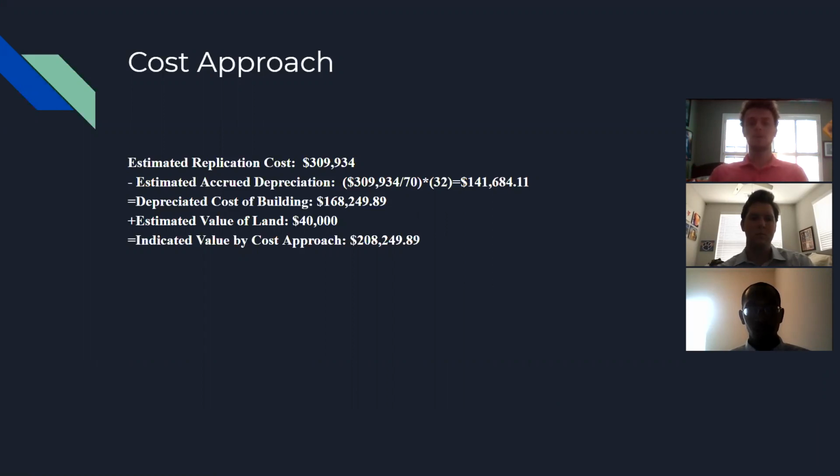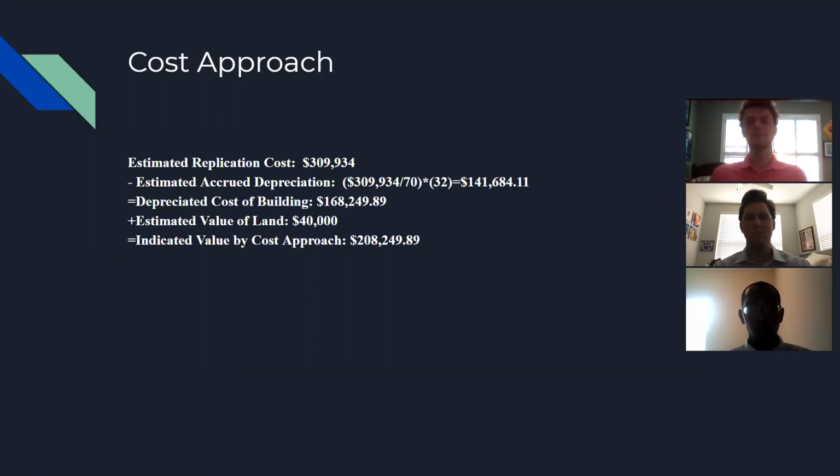For that, we based it on the fact that the home is 32 years old and assumed that it would have a useful life of 70 years. And then when we subtracted that, we got the depreciated cost of the building. And then we added the estimated value of the land, which was $40,000, to get the indicated value of our property using the cost approach, which was about $208,249.